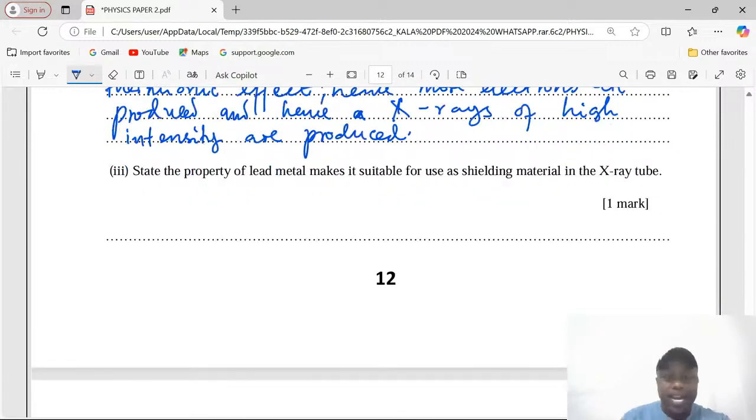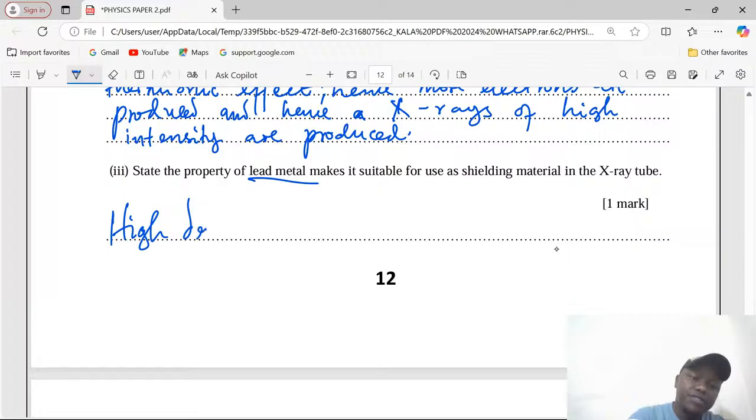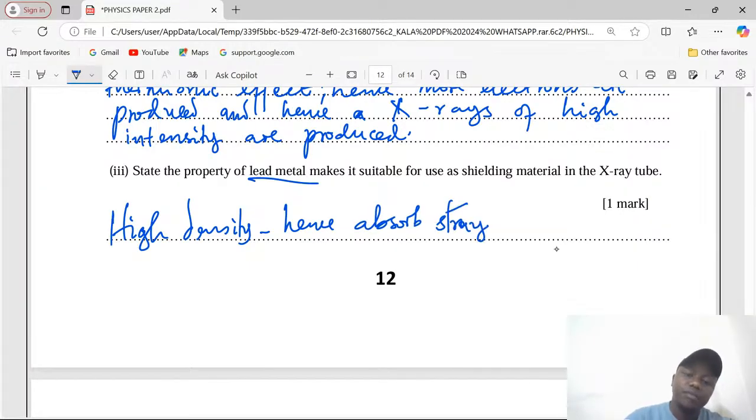State the property of lead which makes it suitable for use as shielding material in the X-ray tube. Why is lead used? This is due to its high density. It has high density, hence it absorbs stray X-rays.